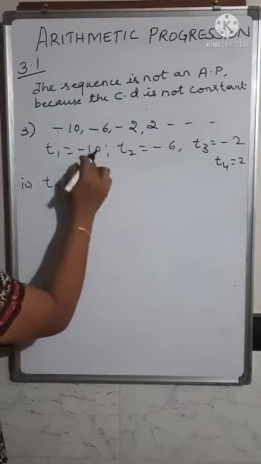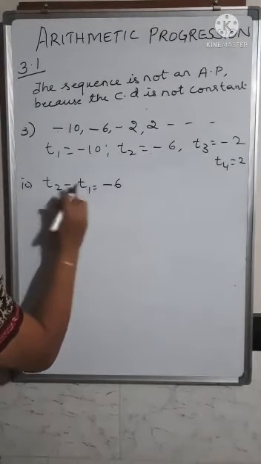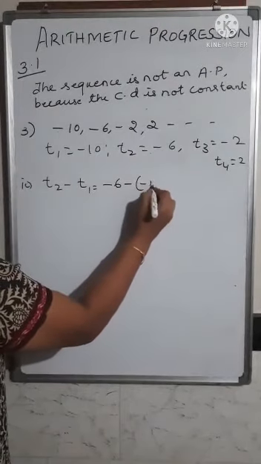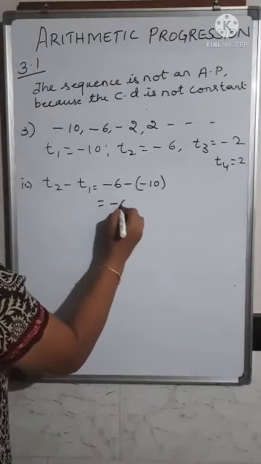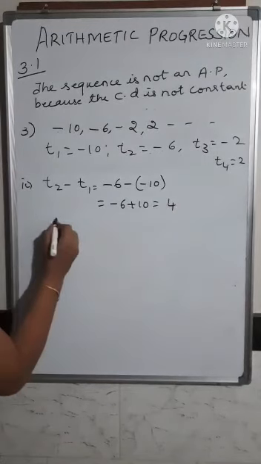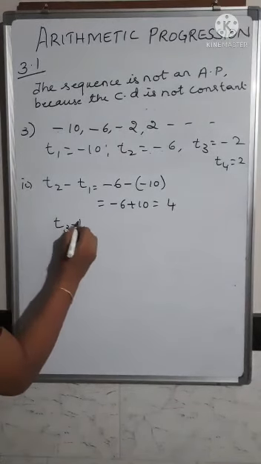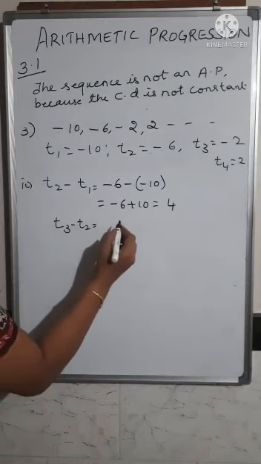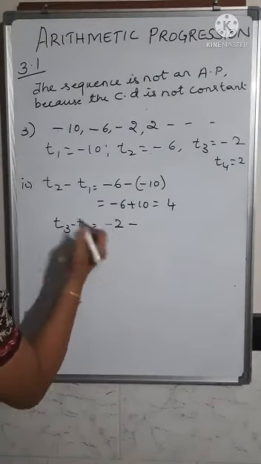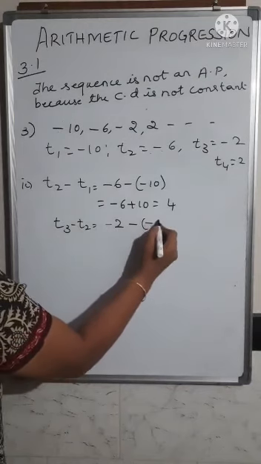T2 minus T1 will be, T2 is minus 6, in the formula you have minus, and T1 is minus 10. So this will be minus 6 plus 10, which is equal to 4. Now we will find out T3 minus T2. T3 is minus 2, in the formula you have minus, then T2 is minus 6.